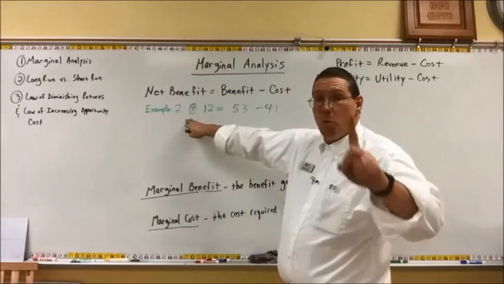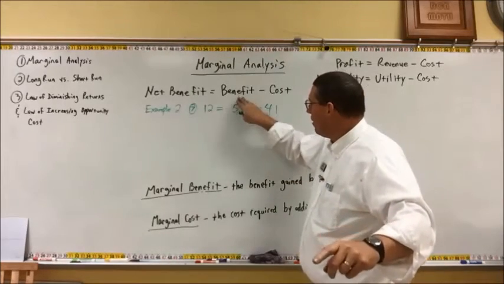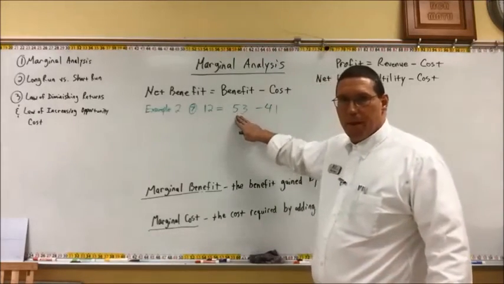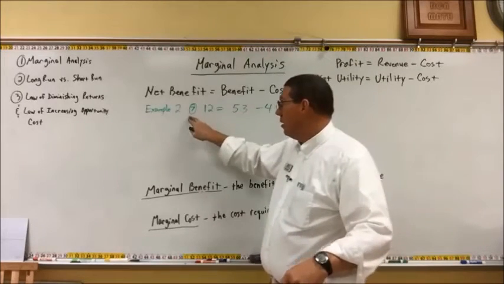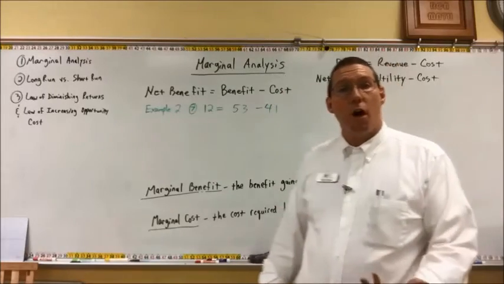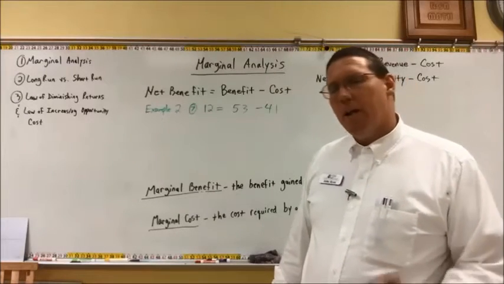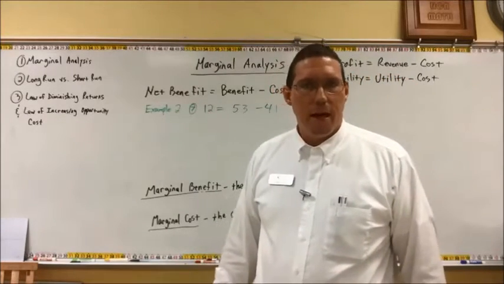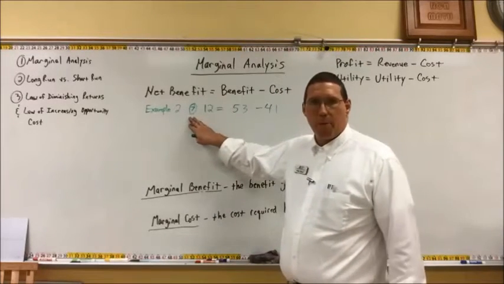And after 7 wings, you have experienced a benefit of 53. And the cost associated with eating those 7 wings is 41. Okay, now what are some of the costs? Well, some of the costs are you had the opportunity to have some shrimp, but the shrimp just doesn't look as appetizing, and you don't like shrimp as much as you like hot wings or honey barbecue wings or whatever.